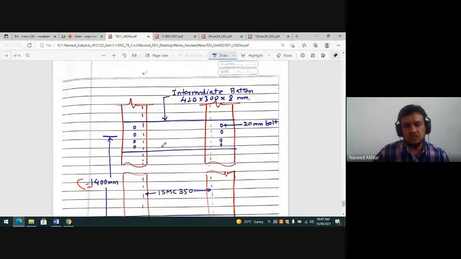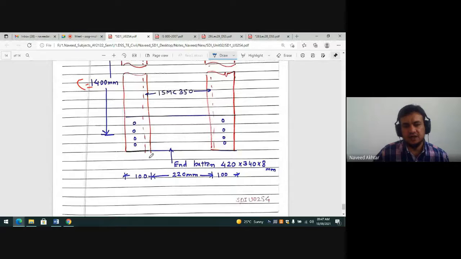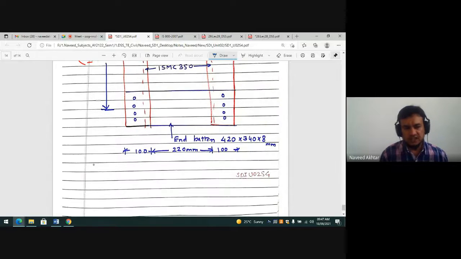Okay, so here the main members are back to back channel sections. We have provided back to back channel sections. You can also go for I section or face to face channel section, any one, and then the backing plate will be provided like this.